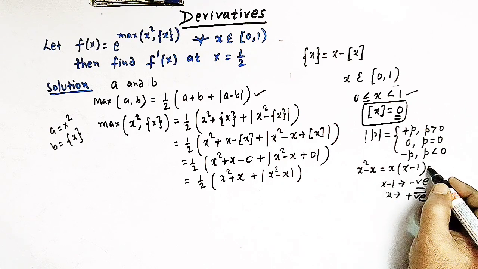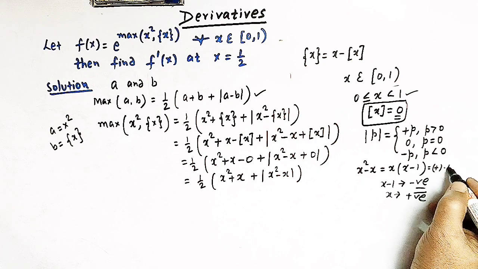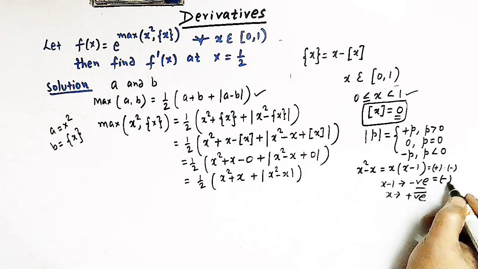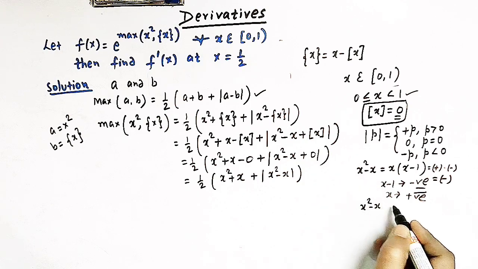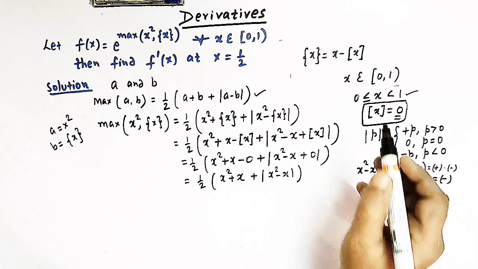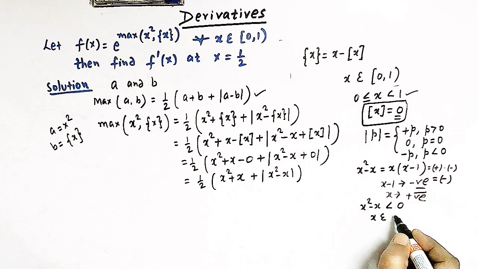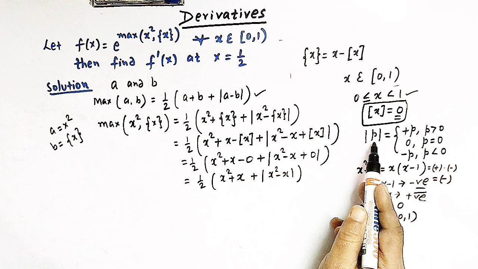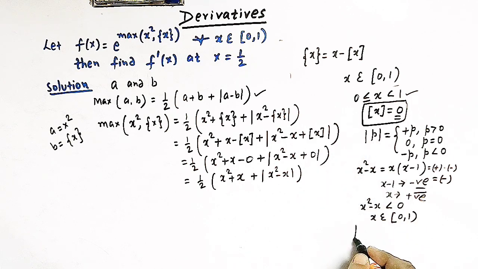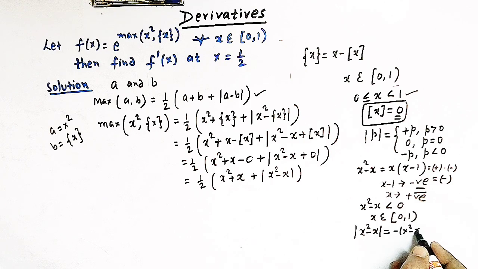So positive times a negative becomes a negative, right? So x square minus x is always going to be less than 0 for all x belonging to this interval, that is 0 comma 1. So using this definition of the mod function, we can now write mod of x square minus x is equal to negative of x square minus x whenever x square minus x is less than 0.